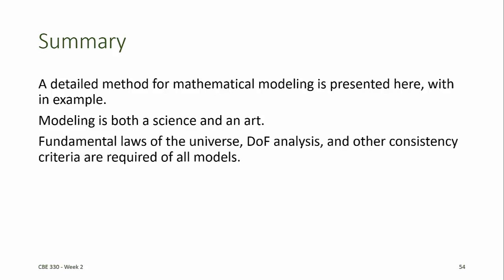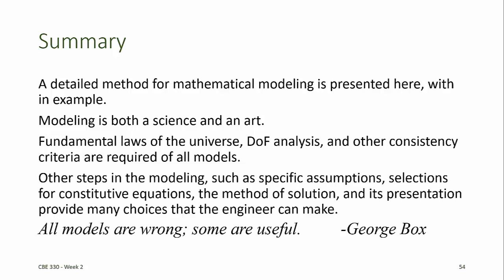The conservation laws, degree of freedom analysis, and other consistency criteria such as coordinate independence and dimensional consistency are required of all models. Other steps in modeling such as specific assumptions, selection of constitutive equations, and the method of solution, even how the solution is presented, provide many choices that the engineer can make.